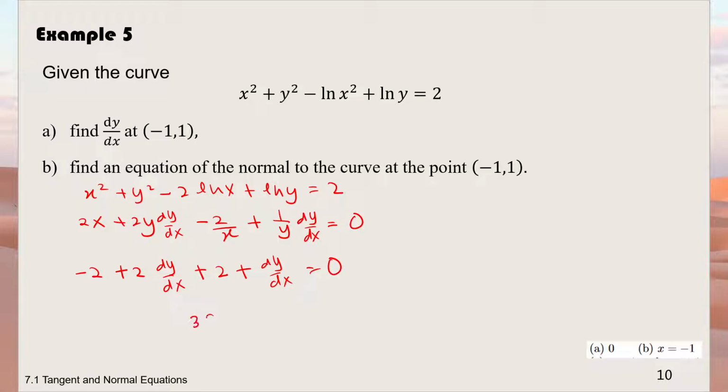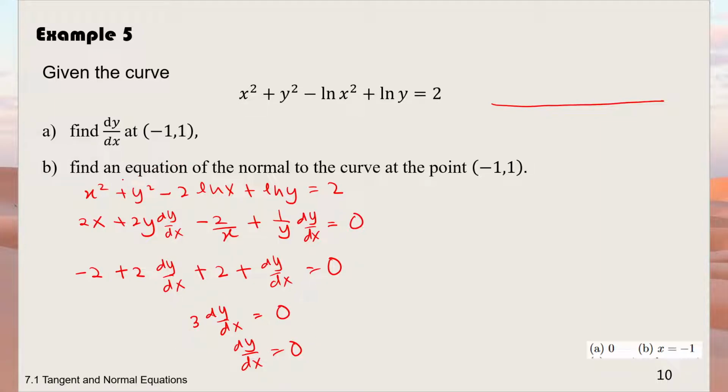Here we have 3 dy dx equals 0, so dy dx equals 0. Maybe you will ask, is it possible that our differentiation is 0? Yes, our slope is 0. When my slope is 0, this is the slope of 0. That's why dy dx equals 0.